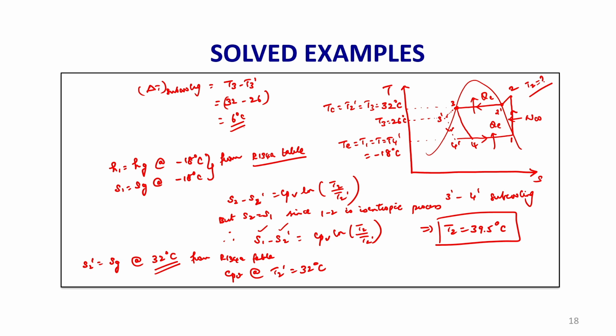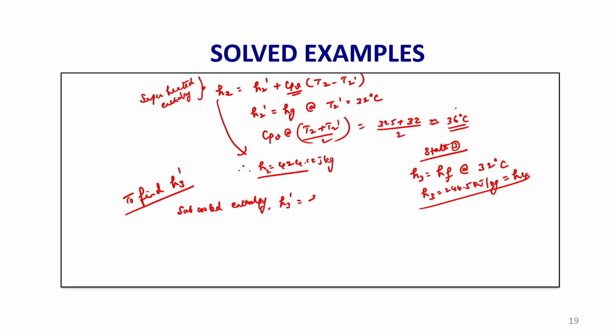I know this saturated liquid enthalpy. If it is superheated, you have to put plus, because superheated condition is above saturation; if it is subcooled, it is below saturation. So, superheated is saturated enthalpy plus Cp of vapor into delta T, because it is vapor.